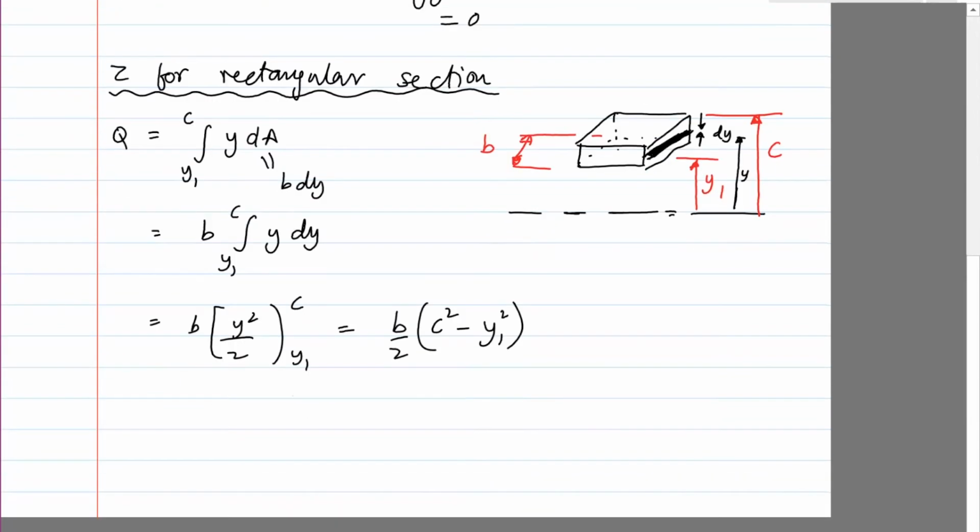So the formula for tau is now VQ divided by I times b, which can be written as V divided by I, and Q is b divided by 2, so the b in the numerator cancels the one in the denominator, and we get something like this.